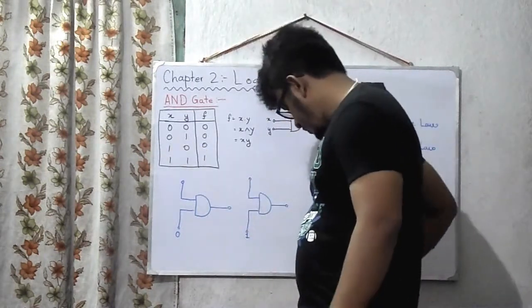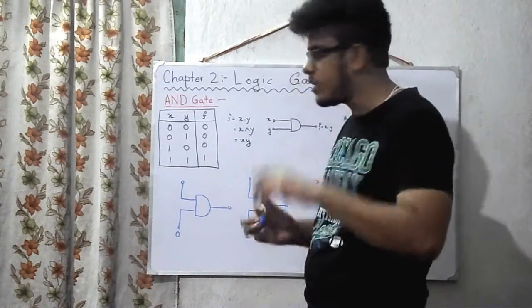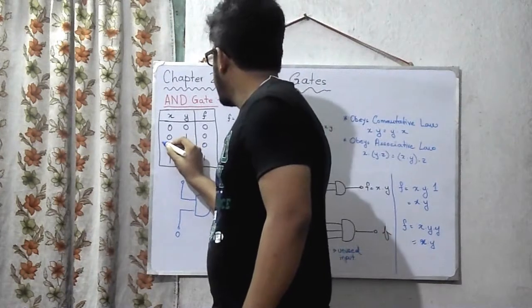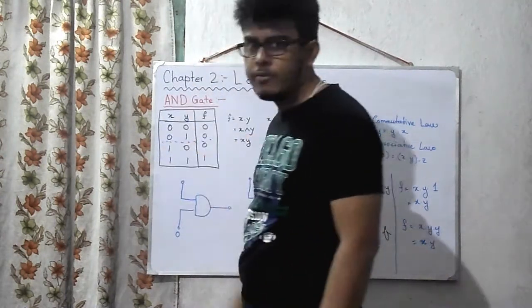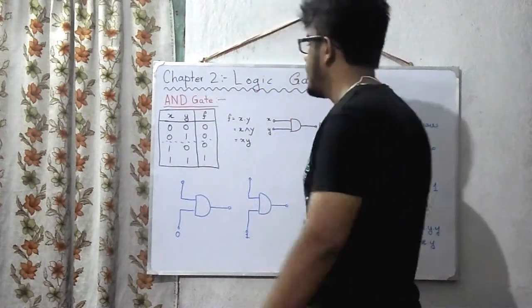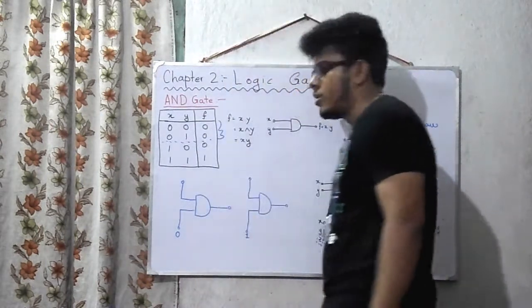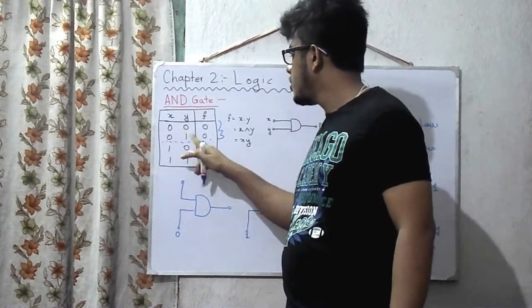In this truth table, we have concentrated on two sets of input and output: the set above the partition and the set below the partition. Consider the set above this partition. You see, 0 0 gives 0, 0 1 gives 0.